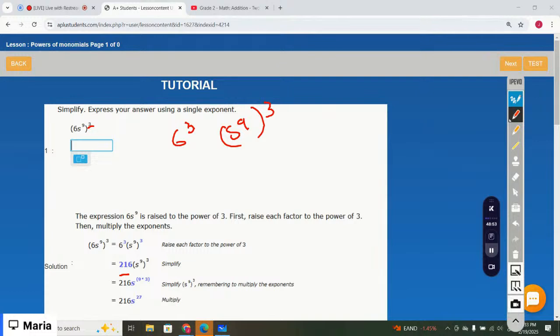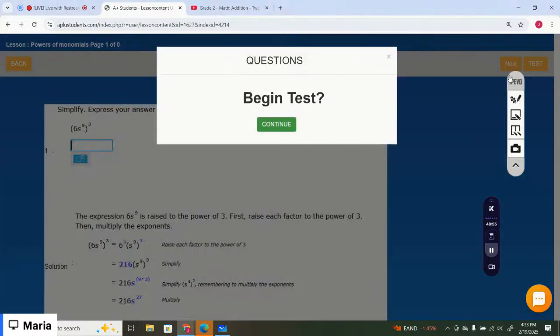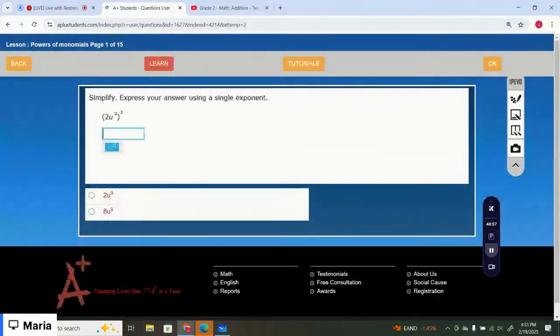Let's just start with the test questions. 2 cubed, cubed, exponent 3.